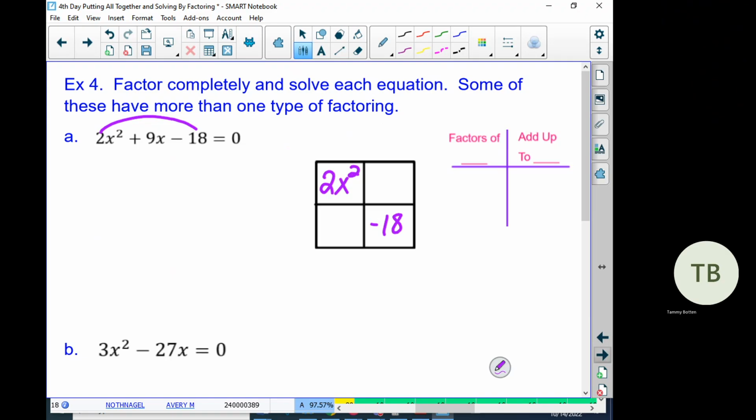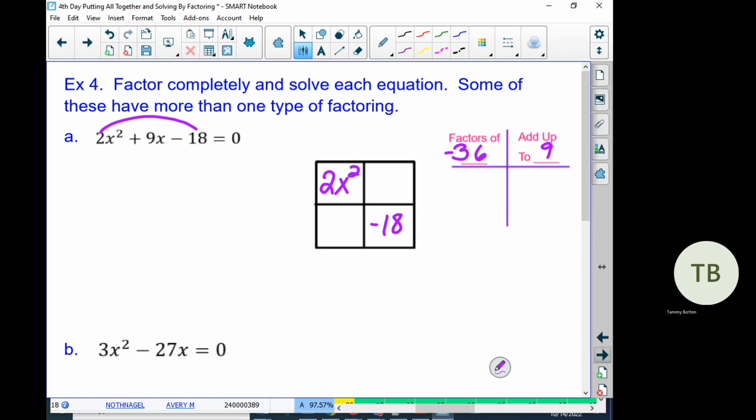So 2 times -18 is -36. And we want those factors to add up to a +9. Anyone think of a positive and negative number that multiply to give you -36 and add to give you a +9?